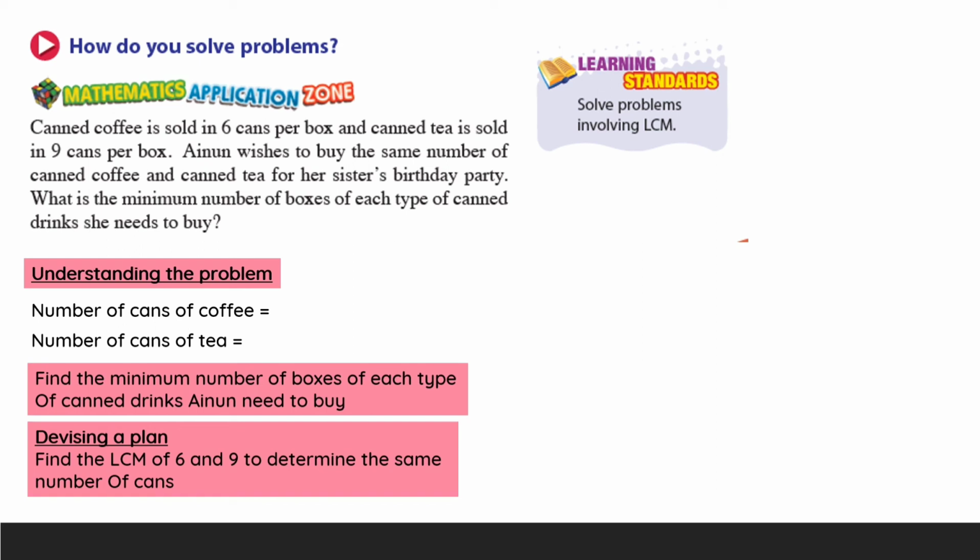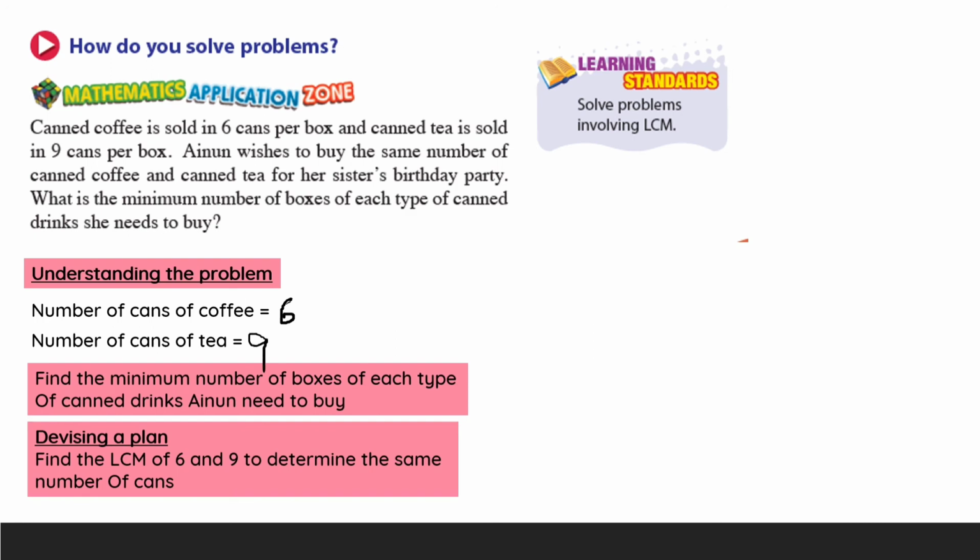Number of cans of coffee. We can look here: canned coffee is sold in 6 cans per box, so number of cans of coffee is 6. Tea is sold 9 cans per box, and number of cans of tea is 9.